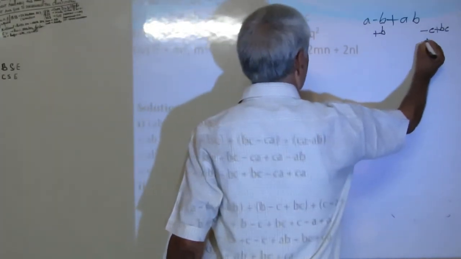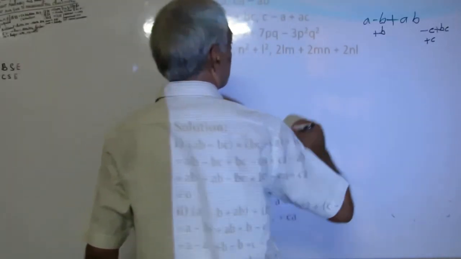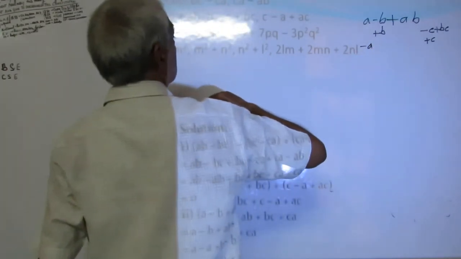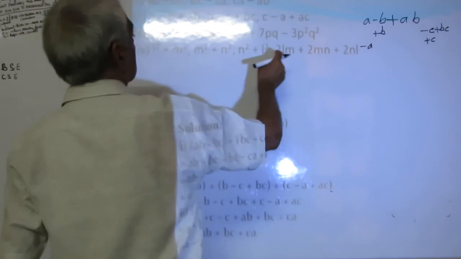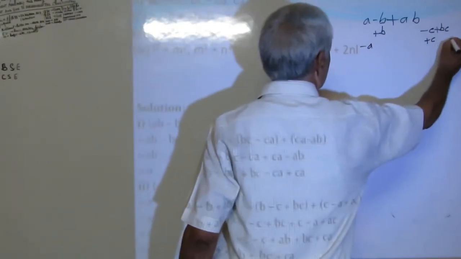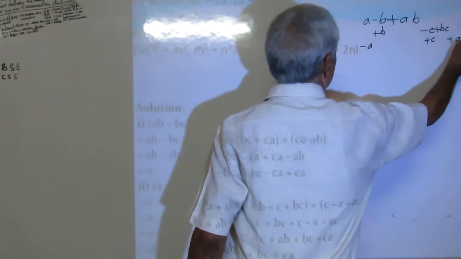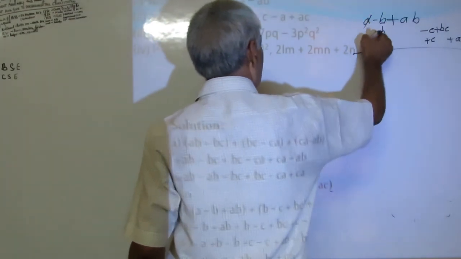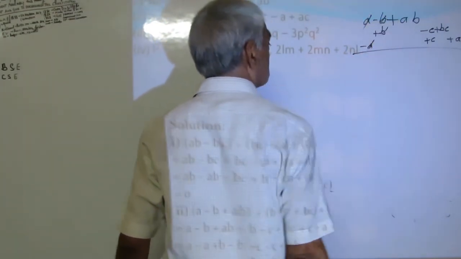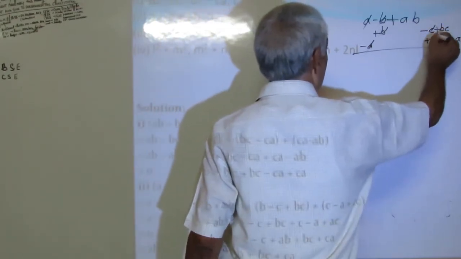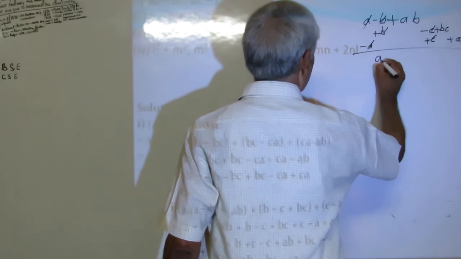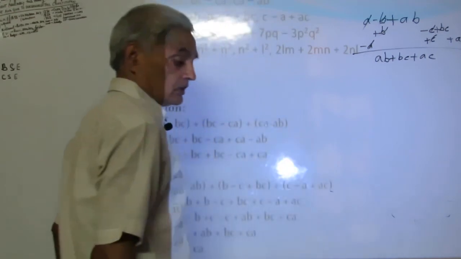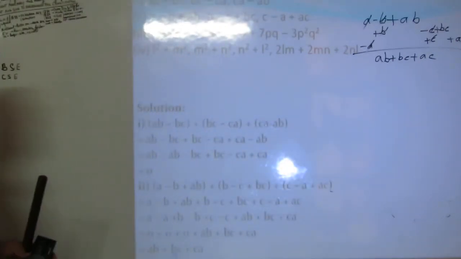Below c, c is written, plus c, c minus a, below plus a, minus a is written, and plus ac. Now you add the three. Plus a is cancelled with minus a, plus b is cancelled with minus b, and minus c is cancelled with plus c. So you will get ab plus bc plus ac. So this is the addition of like terms.